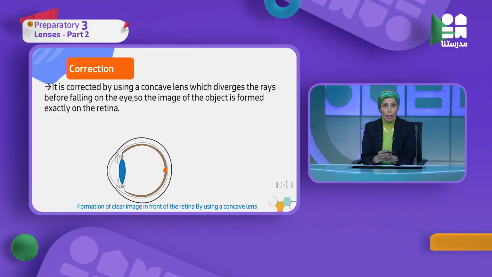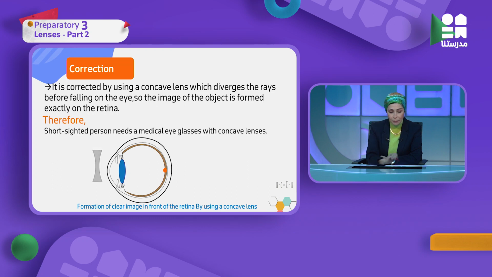Here is my eye. I have short-sightedness. I want to bring the far things closer to see them. So I will put on a glass. This is my glass. Let's see the rays. The rays start to come down. They pass first through the concave lens that I wear, which is the glasses.